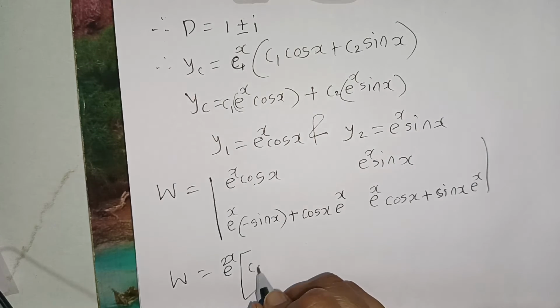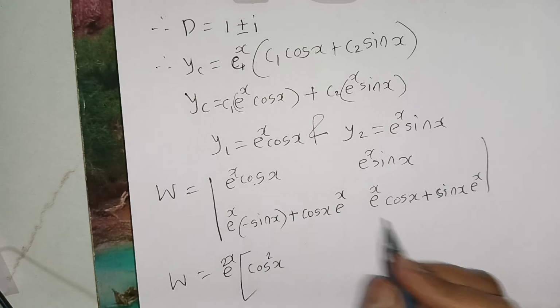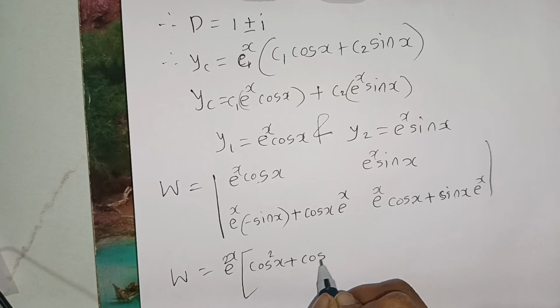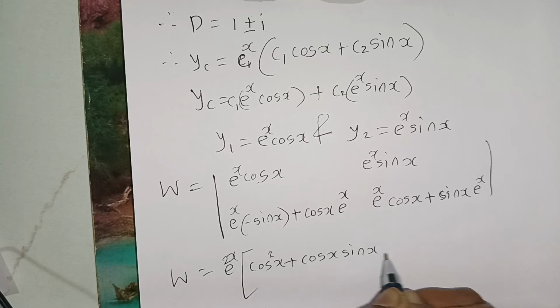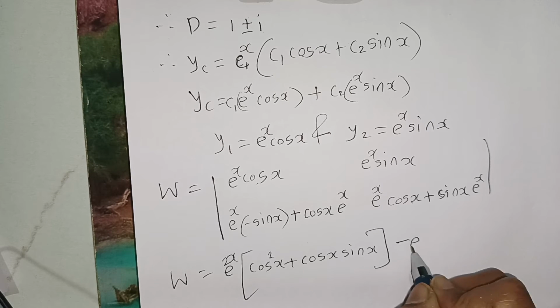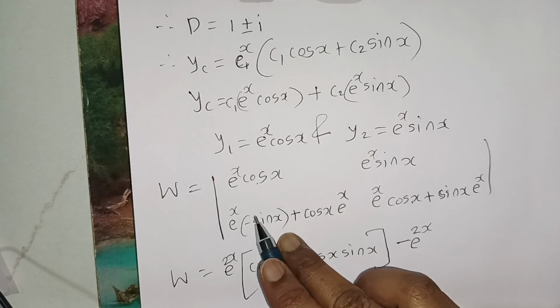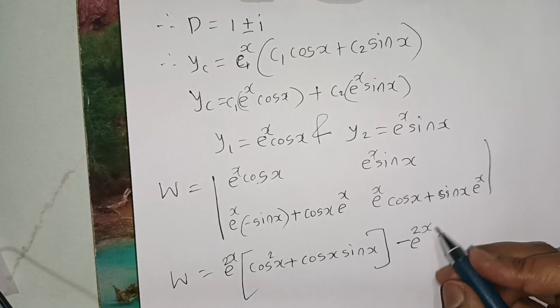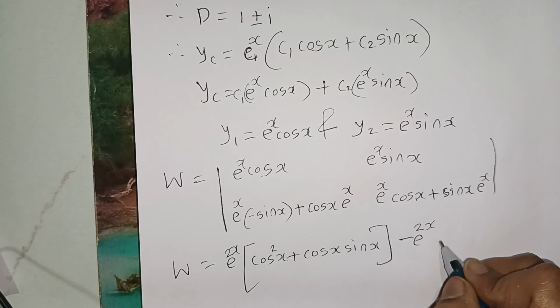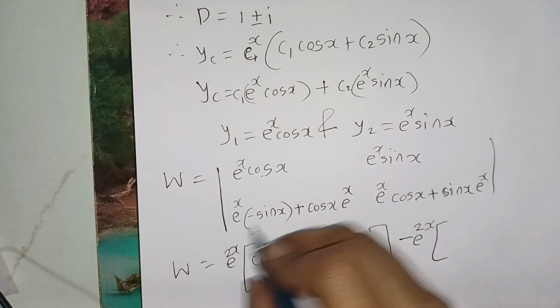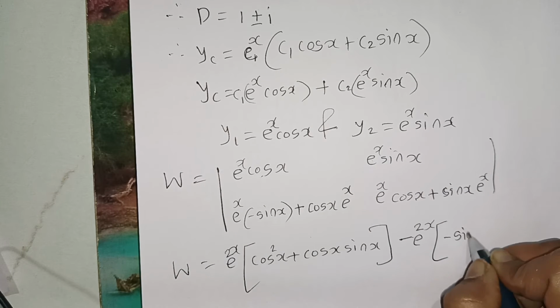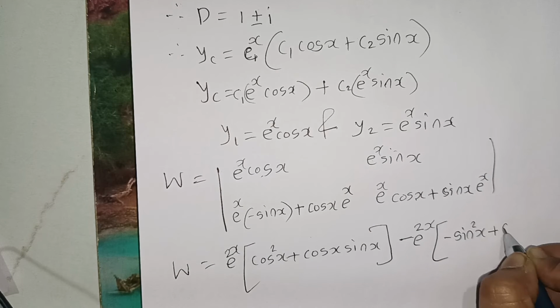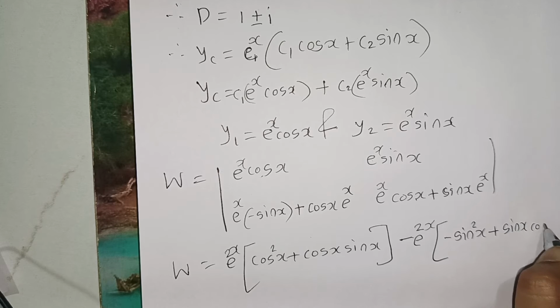Cos x into cos x, cos square x, plus cos x into sin x, minus e raised to 2x, again product of those e raised to x you have, so e raised to 2x into bracket sin x into minus sin x, minus sin square x, plus sin x into cos x.